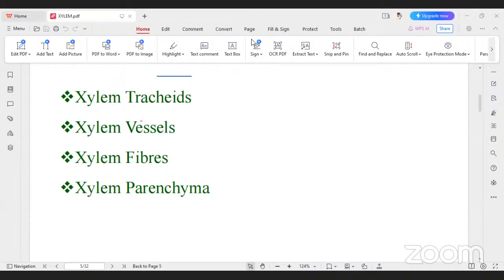Of these four, three are dead tissue: tracheids, vessels, and fibers are dead tissue. Only xylem parenchyma is living. Now let's discuss one by one.